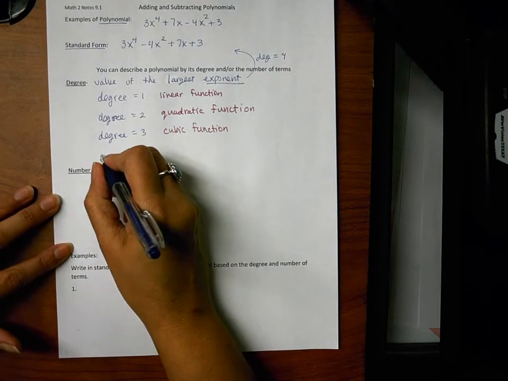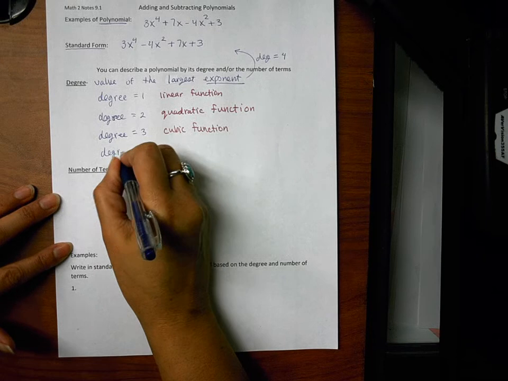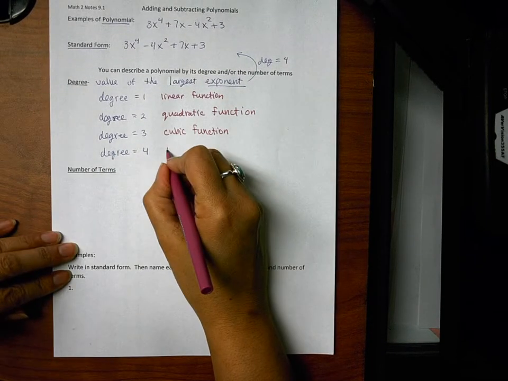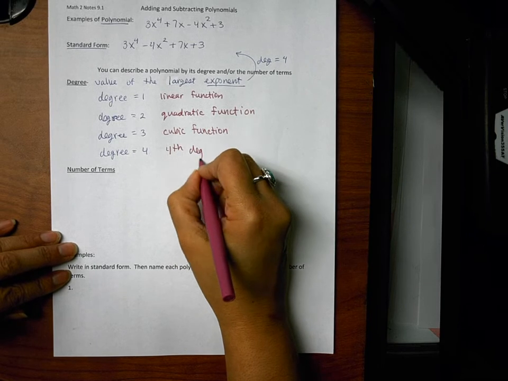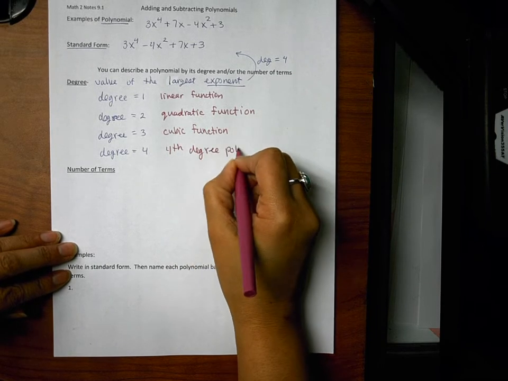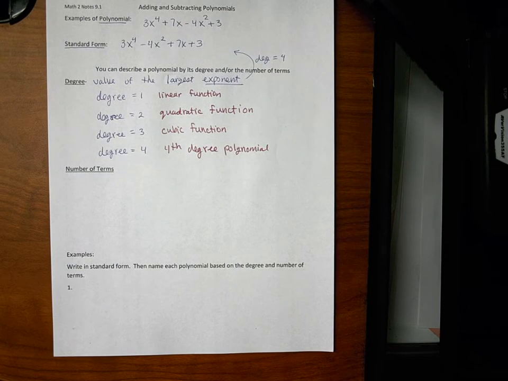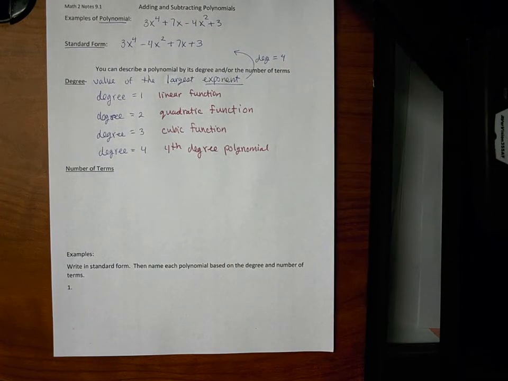And next one, if the degree is 4, we just call it a 4th degree polynomial. And there's nothing special after that. There's 5th degree polynomial, 6th degree polynomial, and it just continues upward from there.